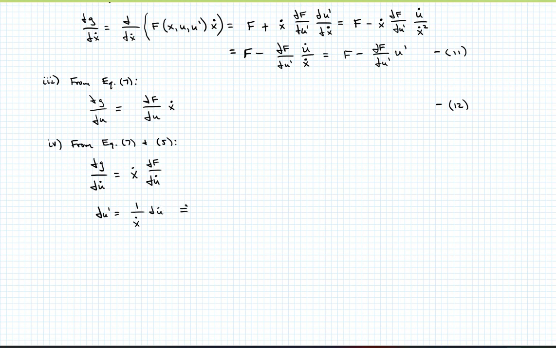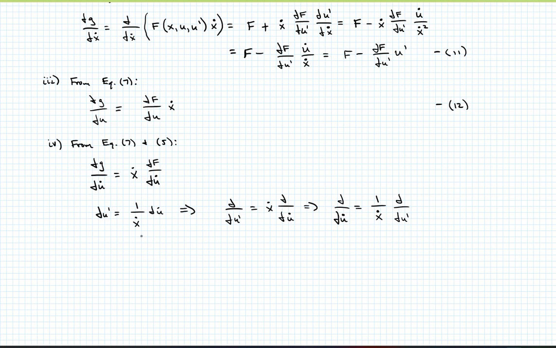Okay, and that implies that the partial with respect to u prime is equal to x dot times the partial with respect to u dot. Okay, so we can continue on the process here and say that the partial with respect to u dot is equal to 1 over x dot times the partial with respect to u prime.